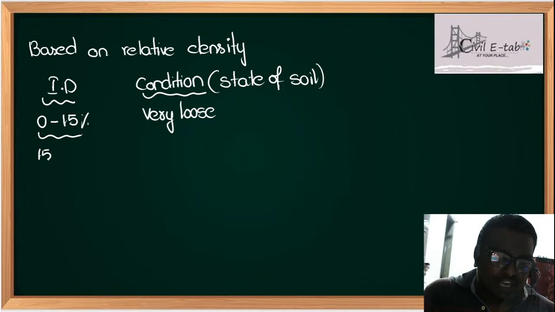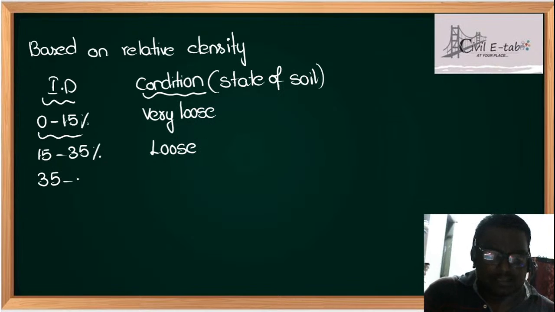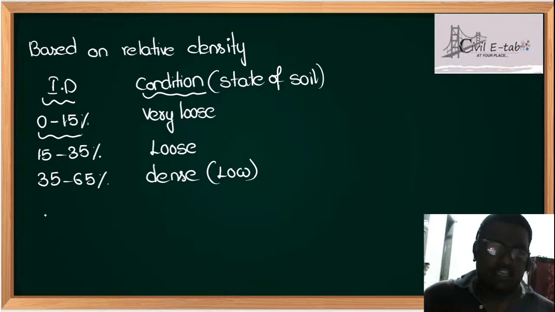If it is 15 to 35 percent, it is loose. If density index is between 35 to 65 percent, it is medium dense, in the sense you have to say low dense. If it is 65 to 85 percent, it is dense.